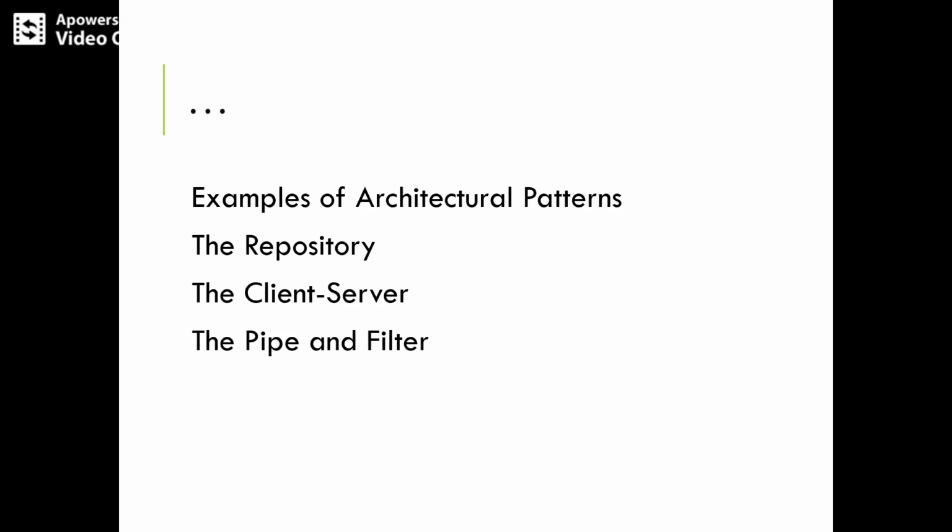Client server is also one example of an architectural pattern. Here the server is called the central system, and several smaller subsystems, which we call clients, are typically quite similar.